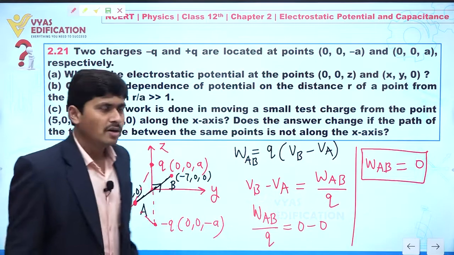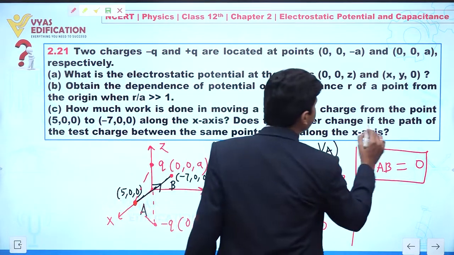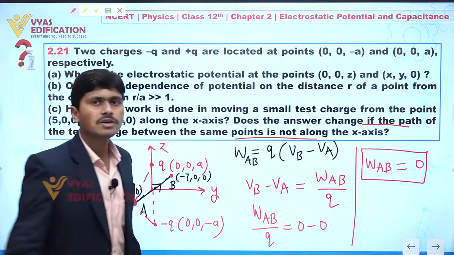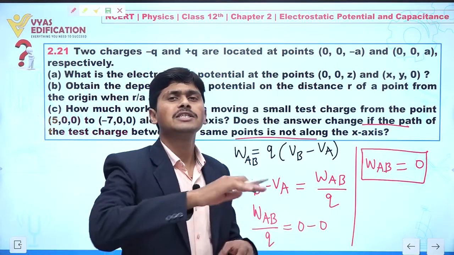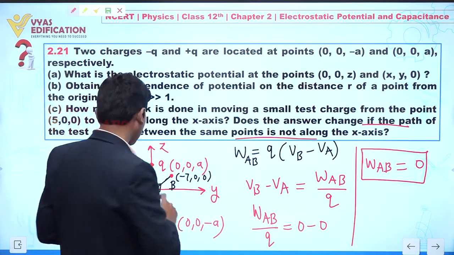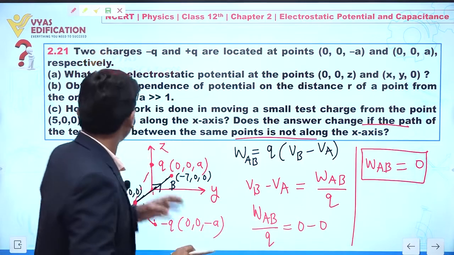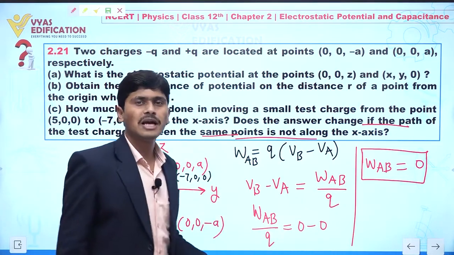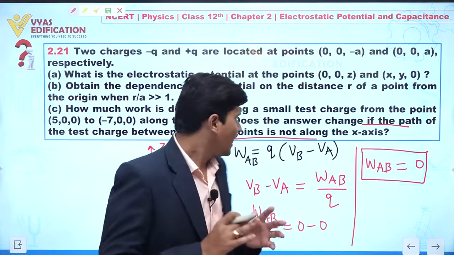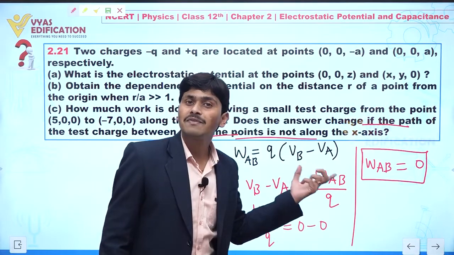One more question is asking: suppose we change the path, and we are not bringing the charge along the x-axis. Let's suppose we are moving in a zigzag, along a different path. If the path of the test charge between the same points is not along the x-axis, what will happen? The work done depends only on the initial and final position.